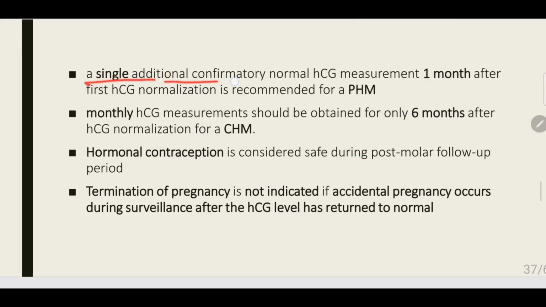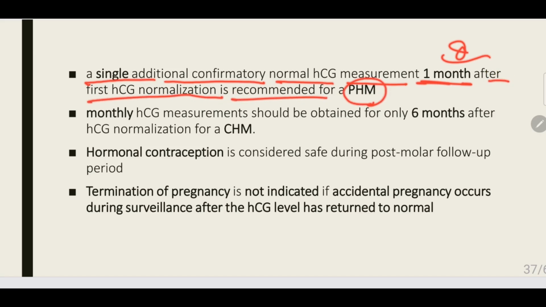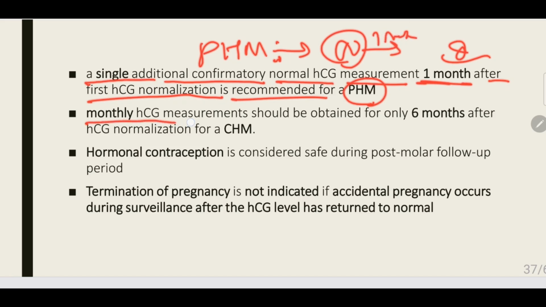A single additional confirmatory normal hCG measurement 1 month after first hCG normalization is recommended for a partial hydatidiform mole. So for partial hydatidiform mole, you did the hCG follow-up and it became normal, then repeat after 1 month. And monthly hCG measurement should be obtained for only 6 months after hCG normalization for a complete hydatidiform mole.